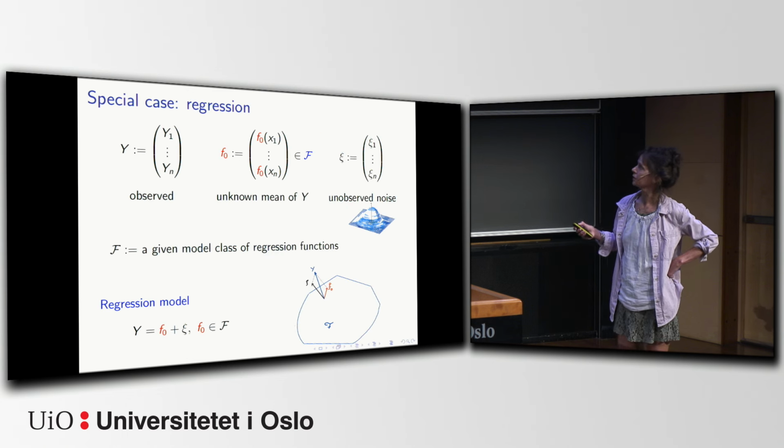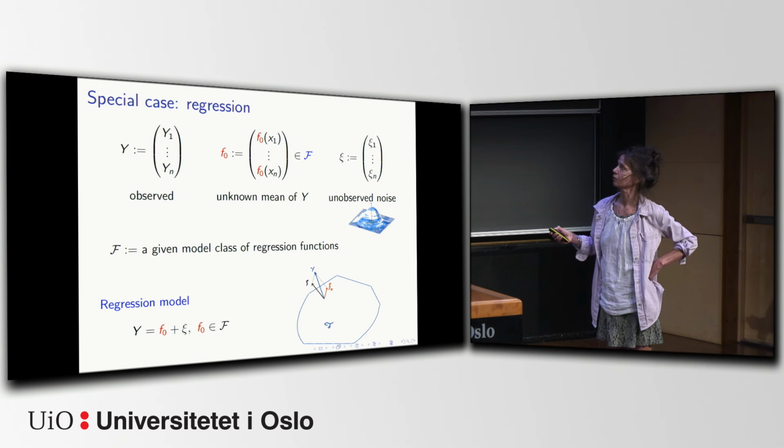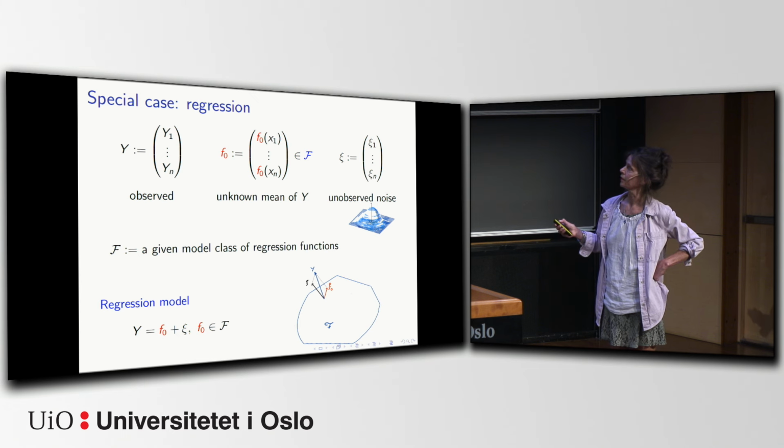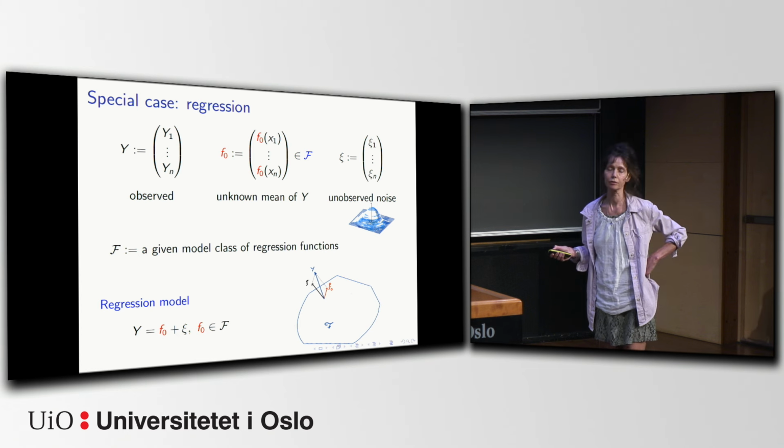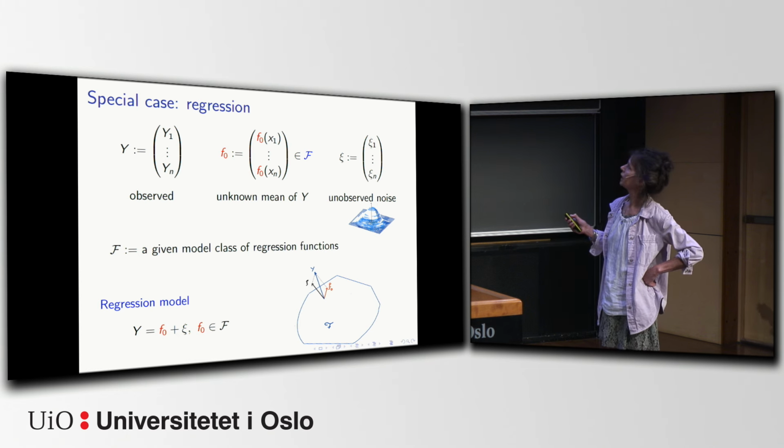That's regression. So y is the vector of observations, and the number of observations is n. f0 is an unknown regression function, and we evaluate it at the design points, so you can think of it as a vector. It's in some space of regression functions, and psi is the vector of noise.